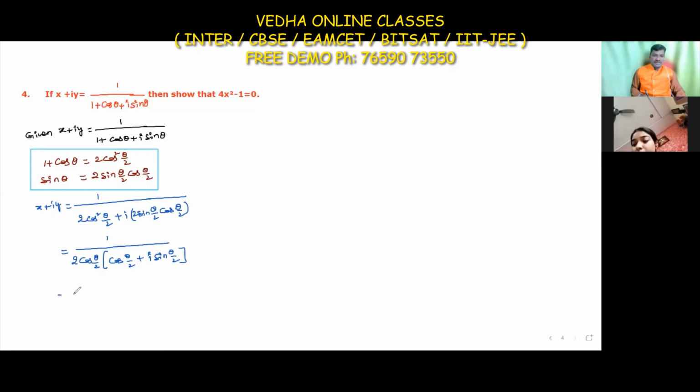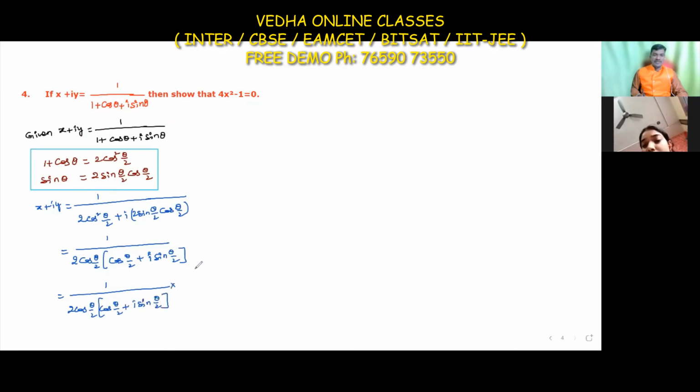Now, when we have a complex number in the denominator, we have to rationalize. That is nothing but 1 divided by 2 cos theta by 2 into cos theta by 2 plus i sin theta by 2.